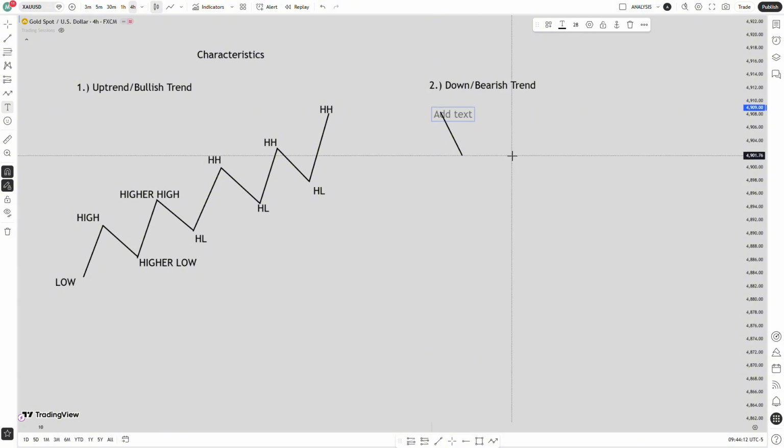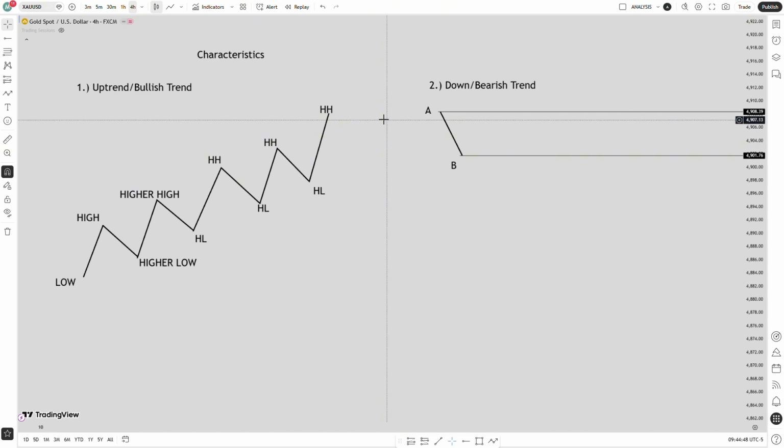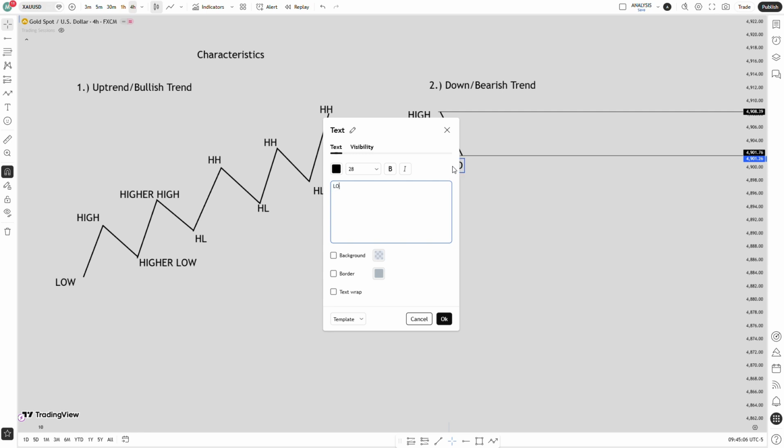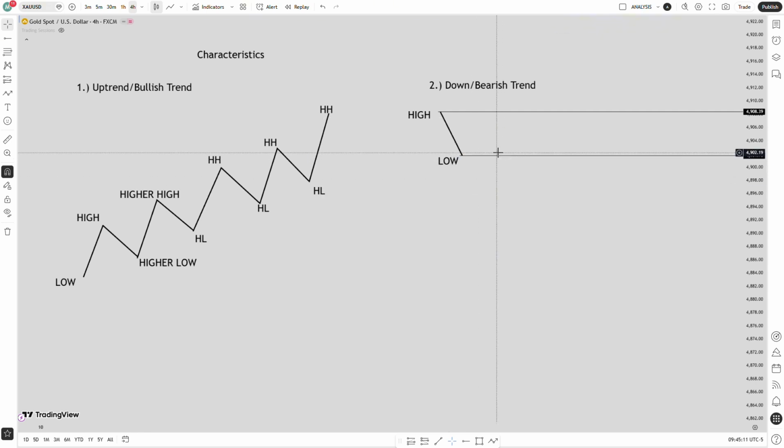This will be called point A, while this is point B. Obviously, point A is higher than point B, 4910.39 compared to 4901.76. Point A is of a higher value than point B, so this will be called what? A high. While point B will be called what? A low. That's easy, no problem.